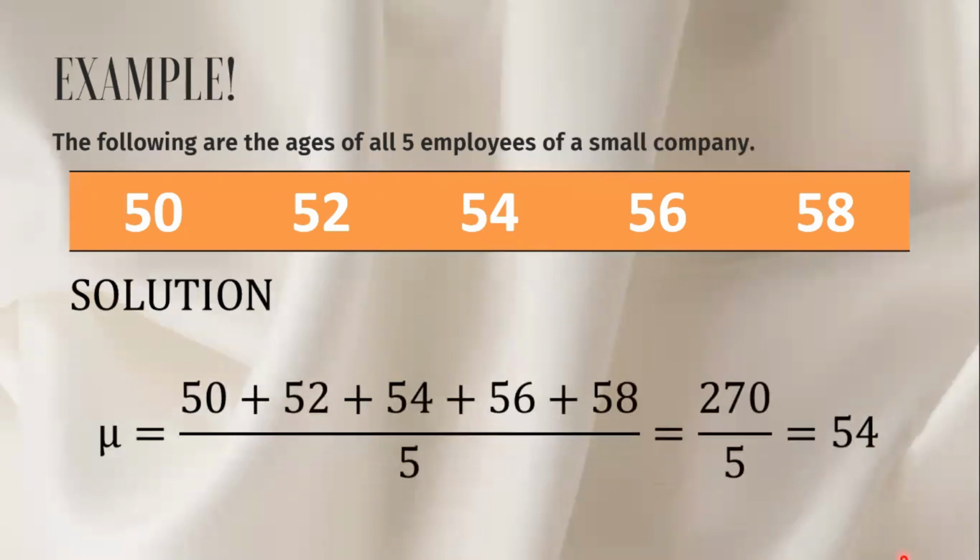For the summation of x, simply add the 5 numbers together: 50 plus 52 plus 54 plus 56 plus 58. Then how many numbers are there? There are 5, as only 5 employees are working in the company. Hence, divide the sum of 270 by 5 and the result is 54. The mean age of the 5 employees is 54.